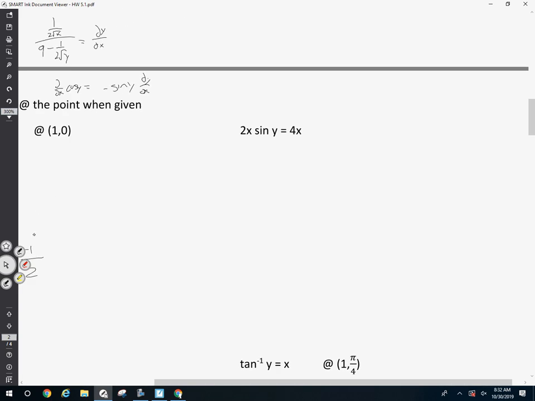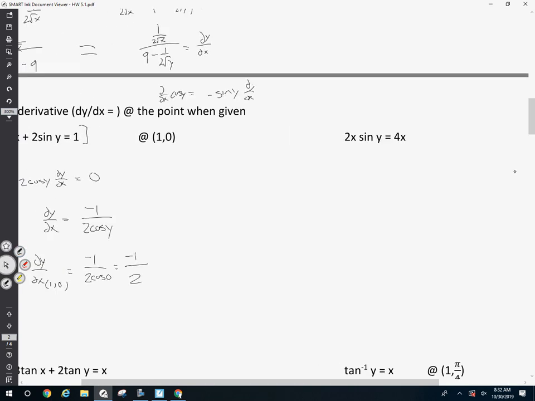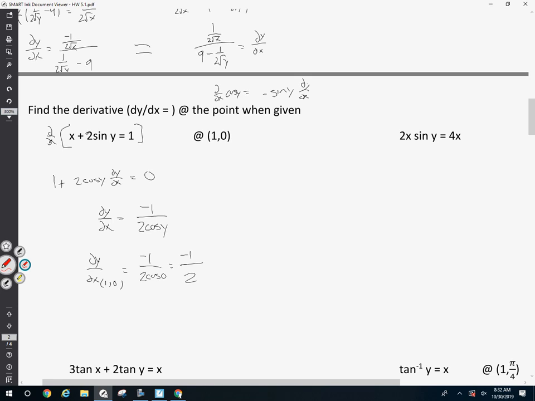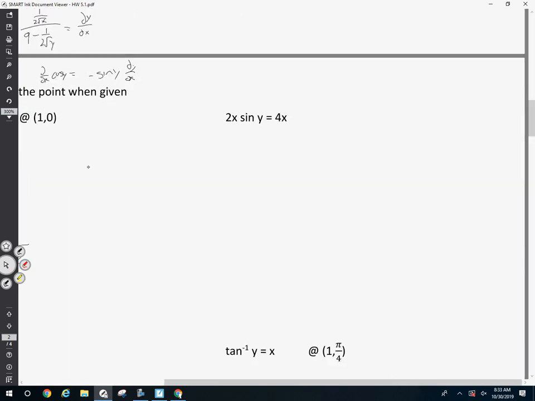2x sine y 4x. It's not just a constant. Okay, this is a good one. I'm glad I have this constant here. I have a constant. Product rule not needed, because it's just a constant. But if it's x, product rule needed. A lot of students mess up with that, but hopefully we've done enough so that we understand not to forget about constants.